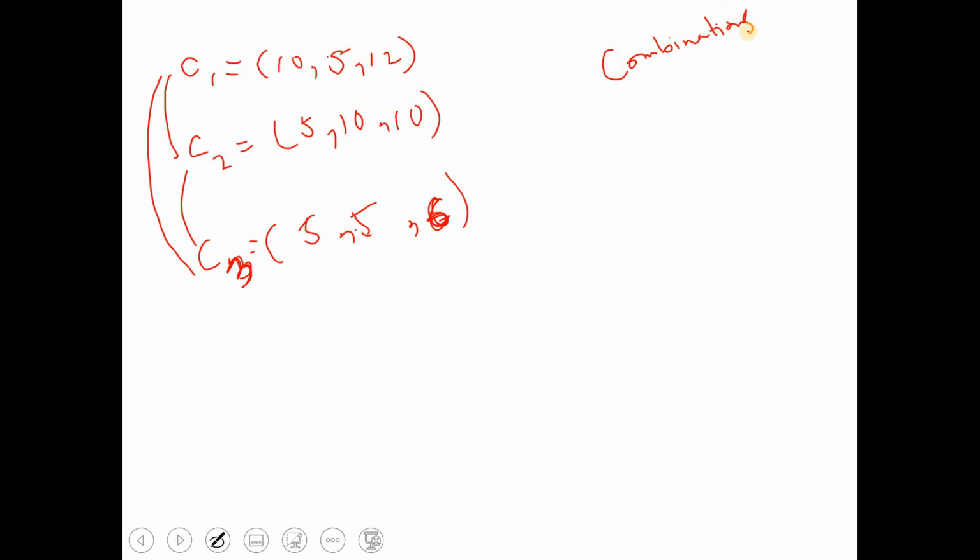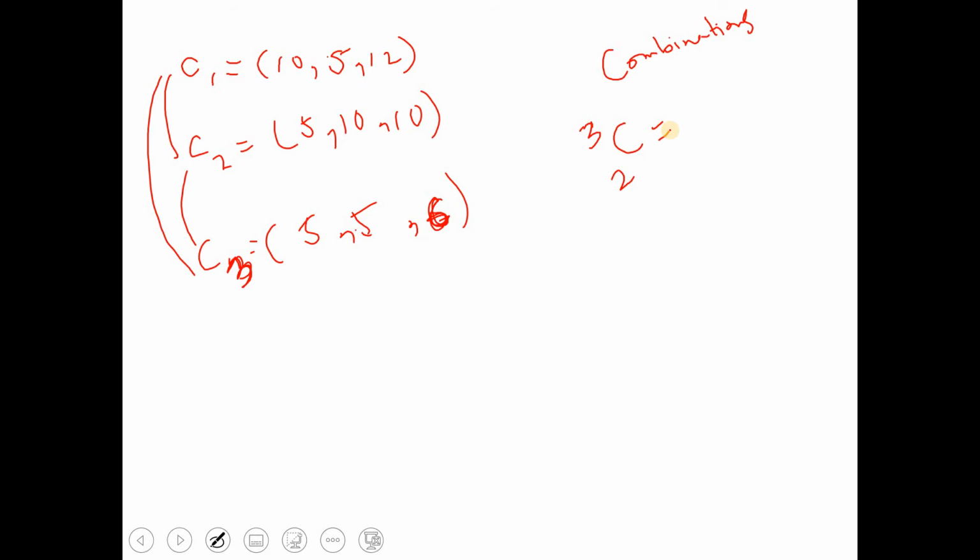For example, how many colors are there? 3. How many colors do you select at one time? 2. So it will give you the combination. You can use a calculator to find it out.